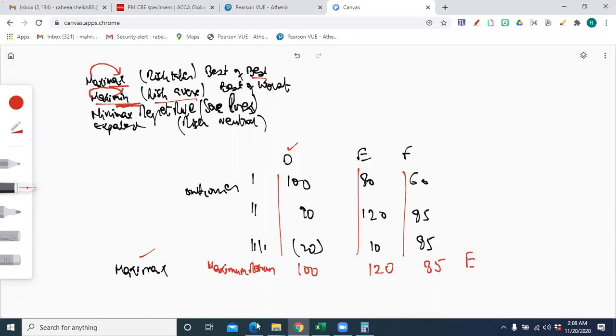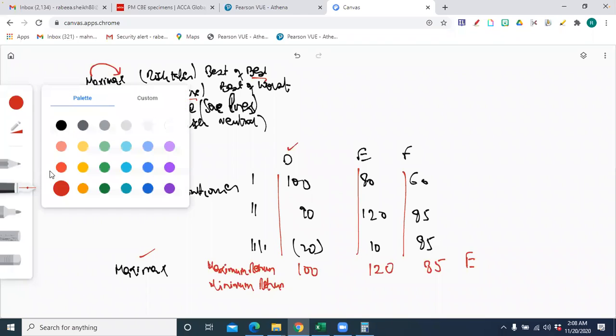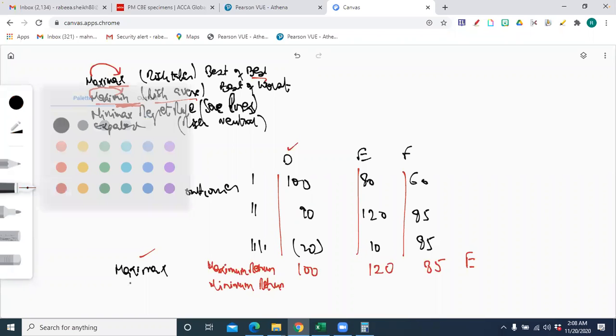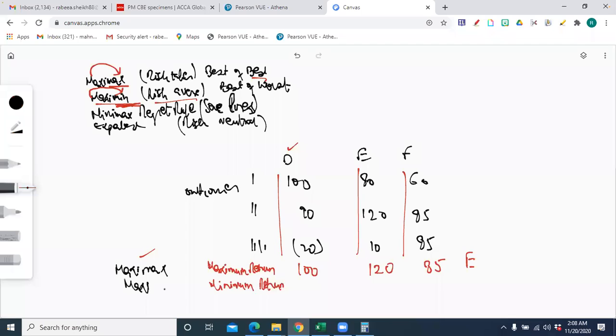So just like there you calculate the maximum return, here calculate the minimum return, and that is maximin. So minimum here he thinks is 20. Minimum here is 10.